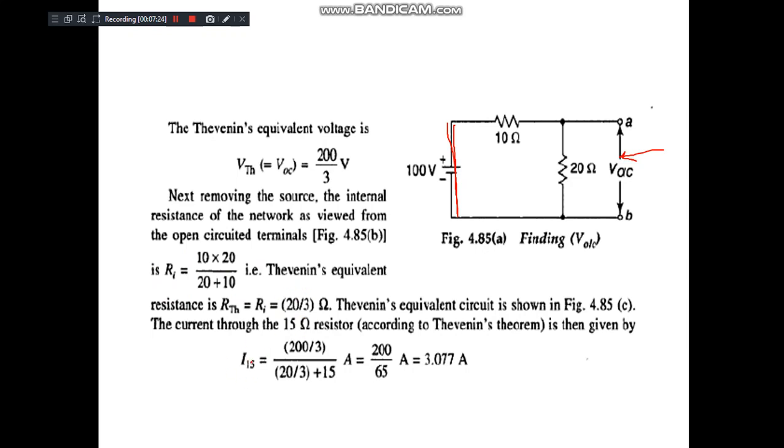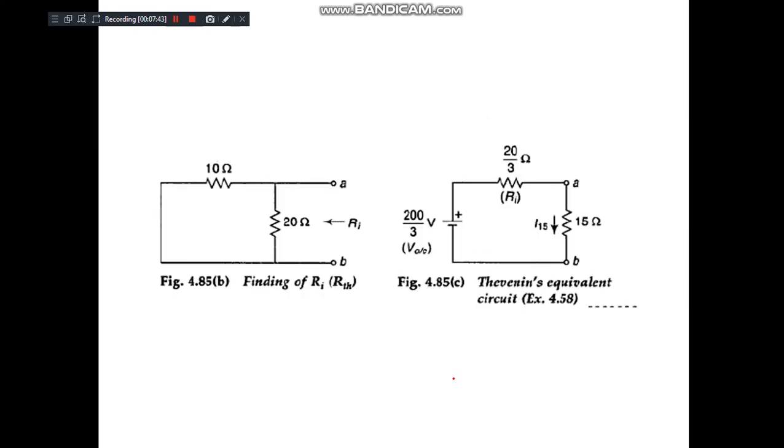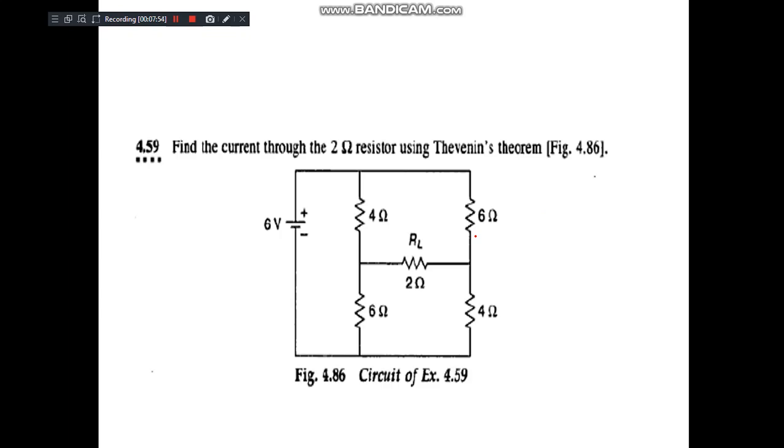Substituting in IL, this is V Thevenin, this is R Thevenin plus RL. So finally IL is equal to 3.077. We'll see one more problem. Here we place all the values of Thevenin's, and this is the representation of the equivalent circuit.